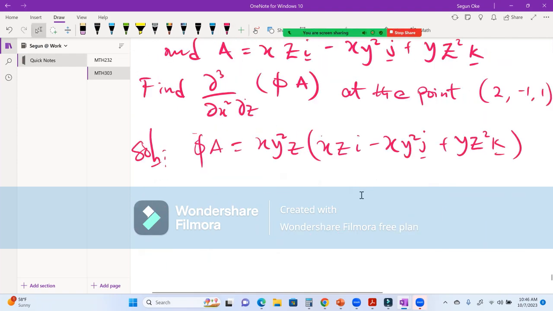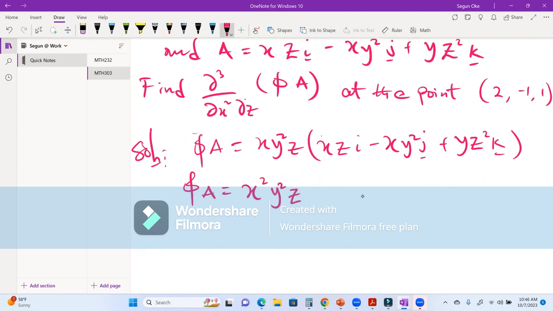So our phi a will be what? This multiplied by this. What do you have? You have x squared y squared z squared i. Then the same thing multiplied by j. Remember, it doesn't have ijk. It's just like, let's say 2 multiplied by everything.